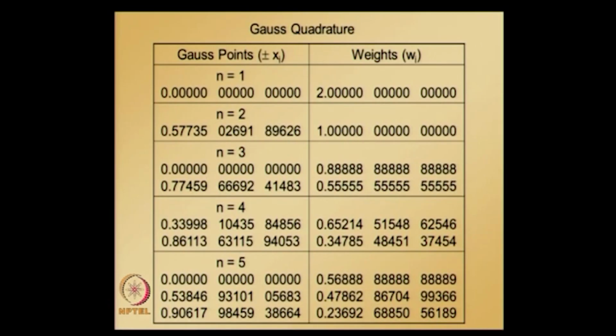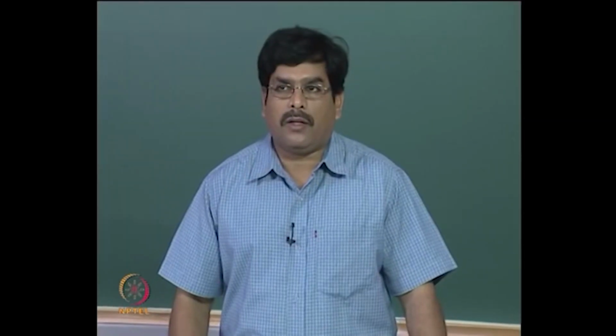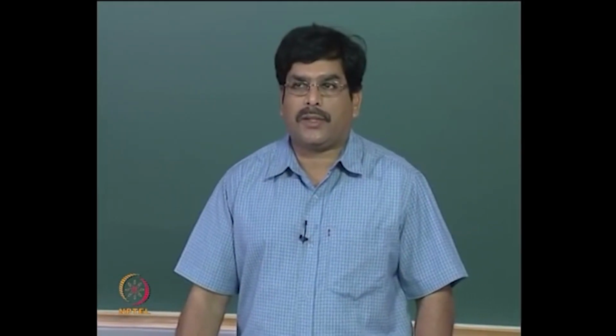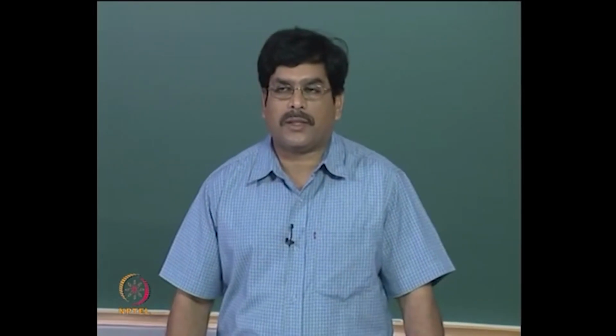Please note that the Gauss points are plus or minus xi. Corresponding to n equal to 1, there is only one point, that is 0, with no plus or minus, and the corresponding weight is 2. If you want to integrate a polynomial of degree 2n minus 1 exactly, then you need to select n number of Gauss points.